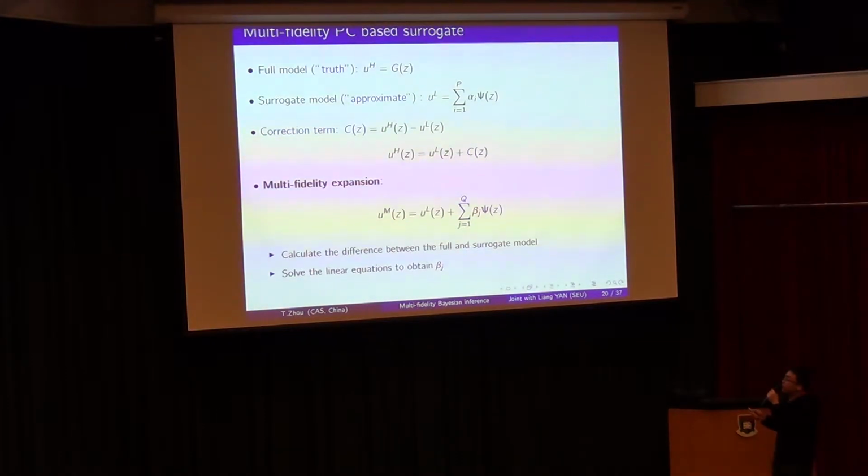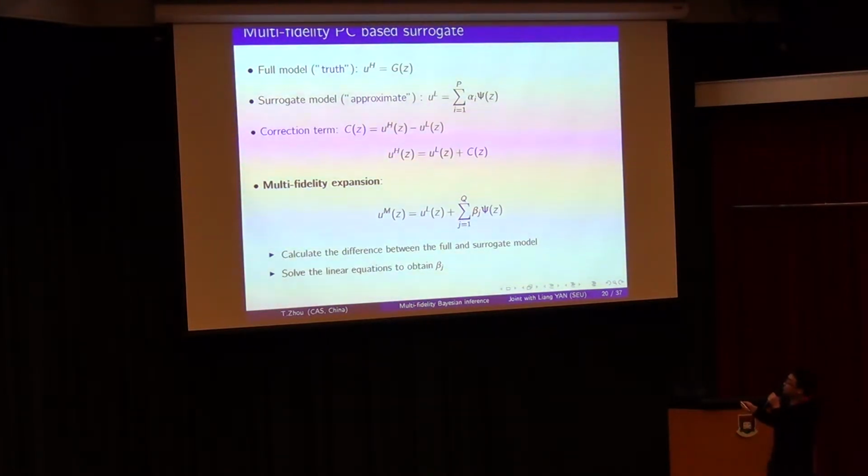So our idea for doing this kind of multi-fidelity approach is like this. You have a surrogate model here, but we just compute at some points in the correction term. It's not necessary that this surrogate model is very accurate for the forward model at certain points.